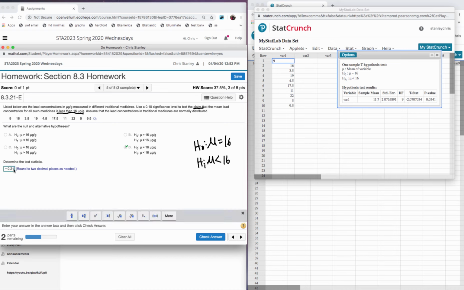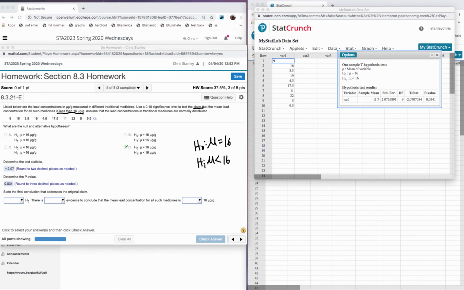Sorry, I put it in wrong. That's better. Okay, p-value is just this guy right over here, 0.0341. And 3 decimals would be that.